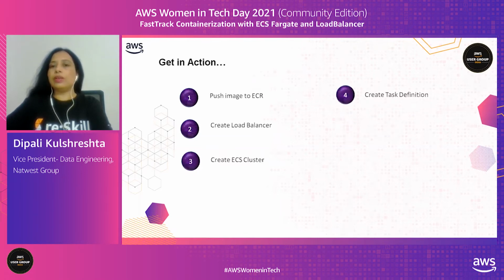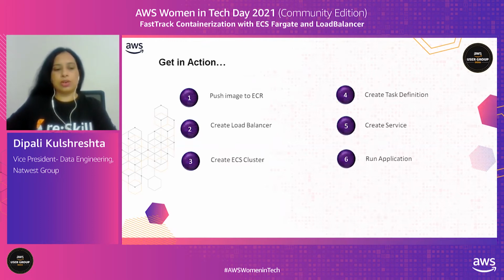Post that, we will define our application blueprint using task definitions, and then we will create services to run our application. All right, so now let's go back to the AWS console.